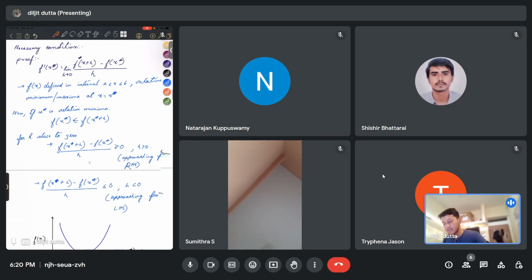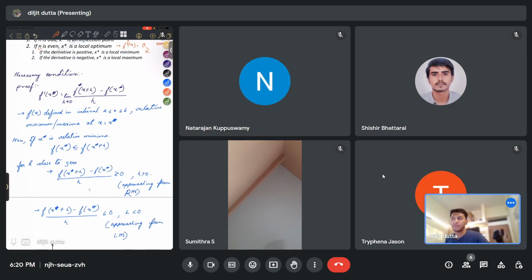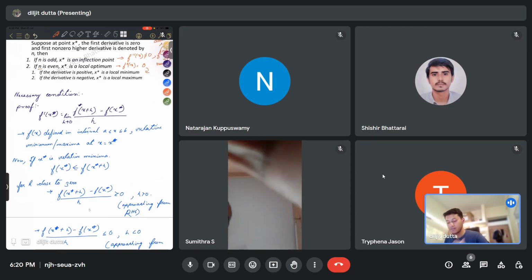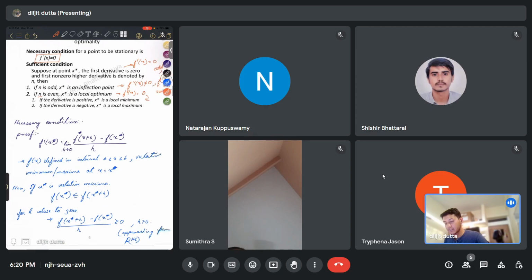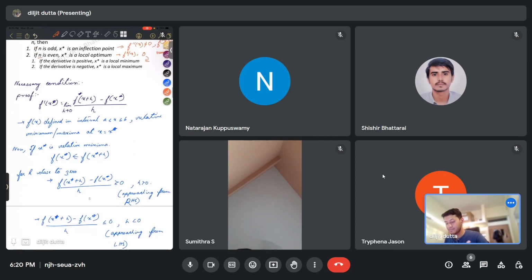This is a proof that has been adopted for getting the local minima, that is, f dash x equal to 0 to get the stationary point. I think sir has taught this in the first week, but still I'll go through it quickly.